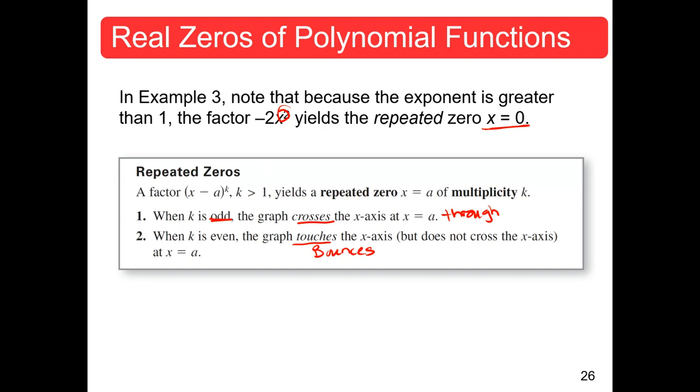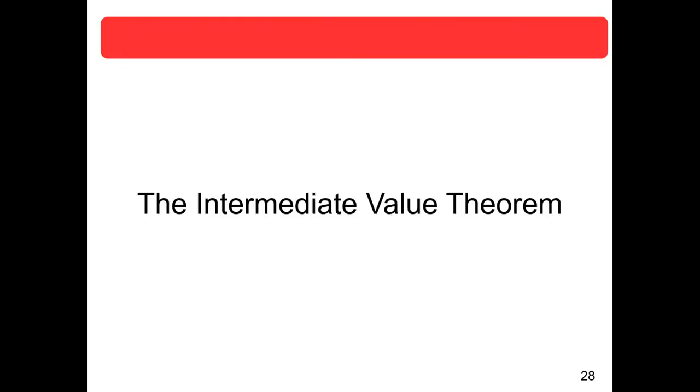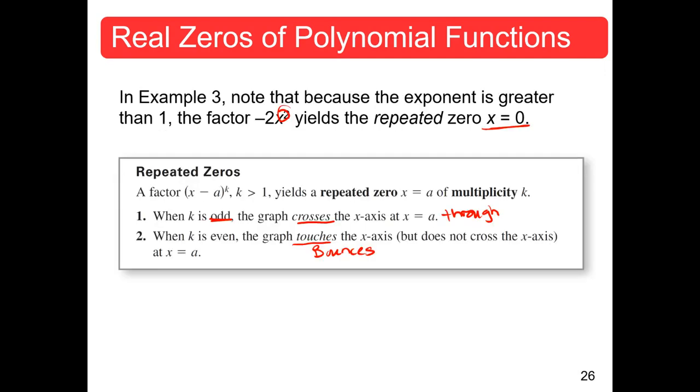So let's look at what this graph looks like. Let's move to Desmos and check it out. I'm going to switch over here, and we're going to look at Desmos.